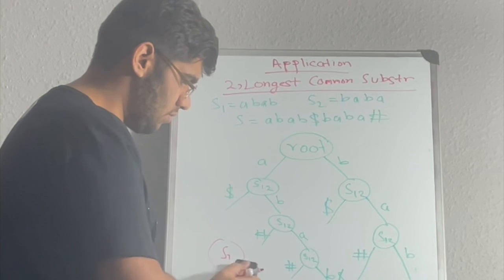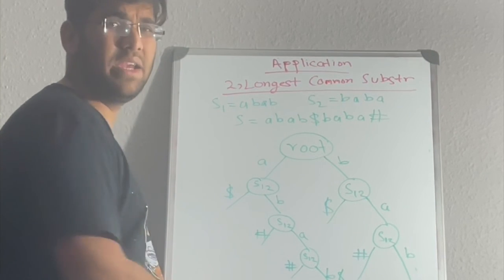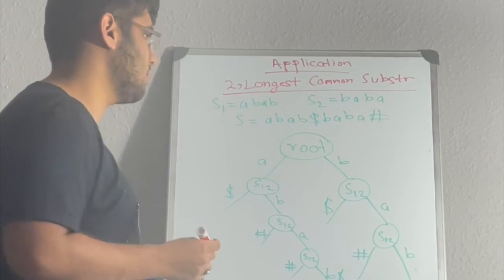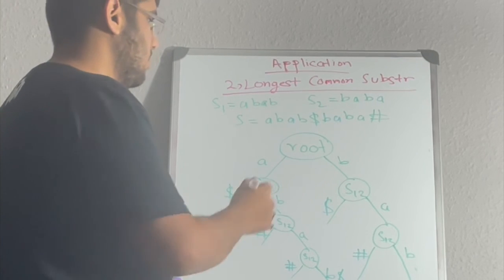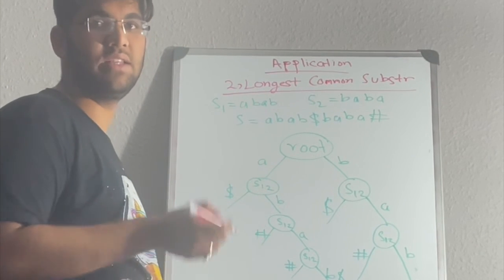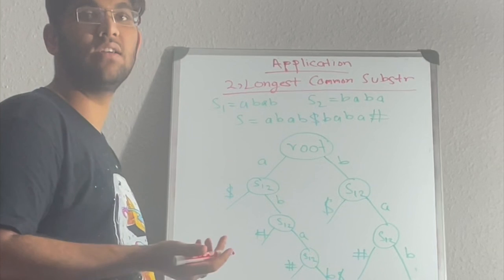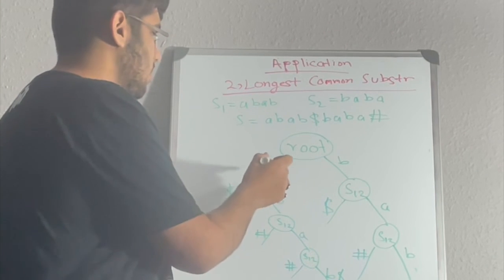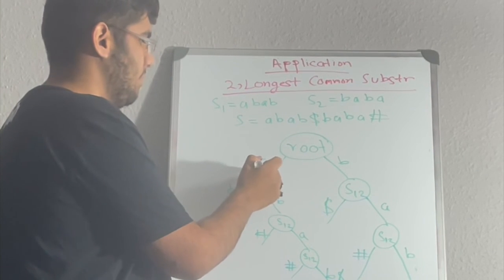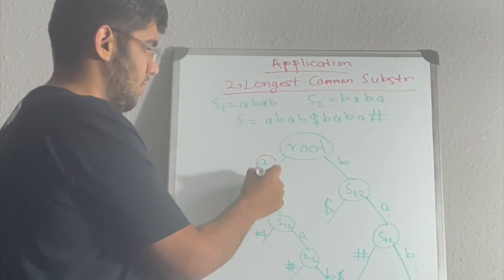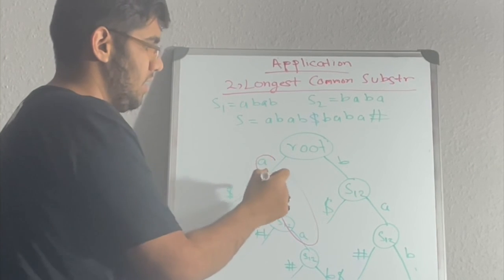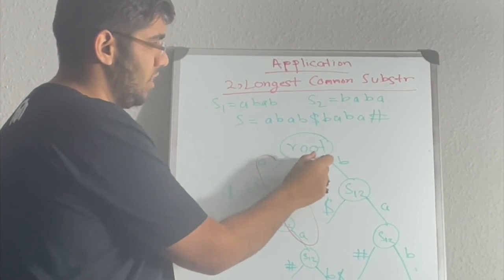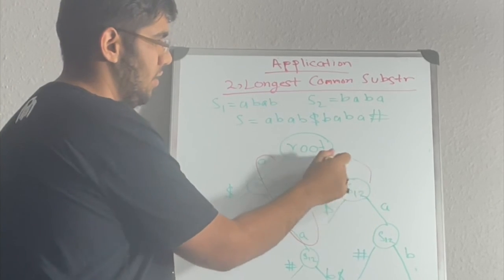Once we make the suffix tree, it's very easy for us. We just need to see which is the longest path. Basically, we go top down. It's a standard recursion question. So we can see a, b, a, and if not, we can go b, a, b.